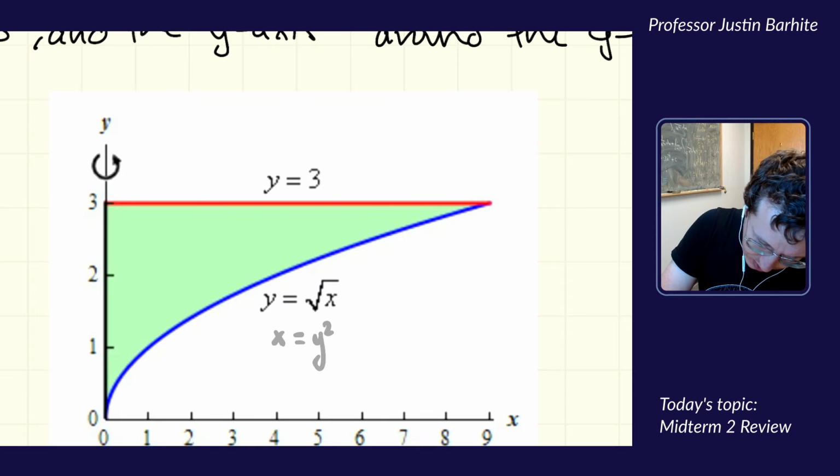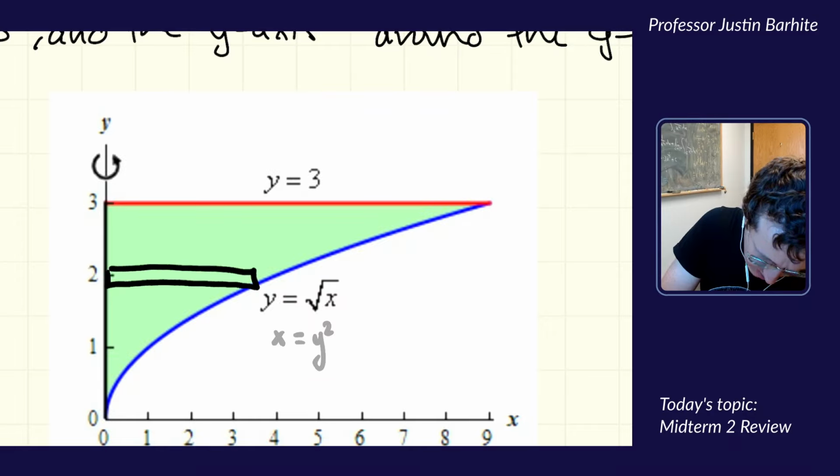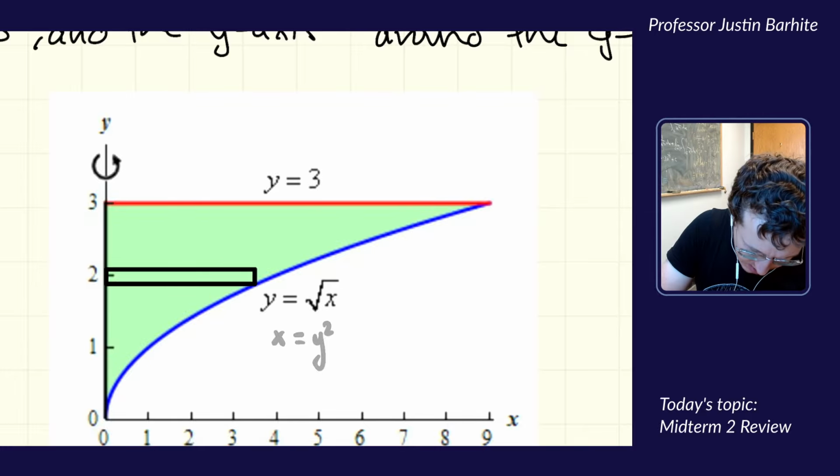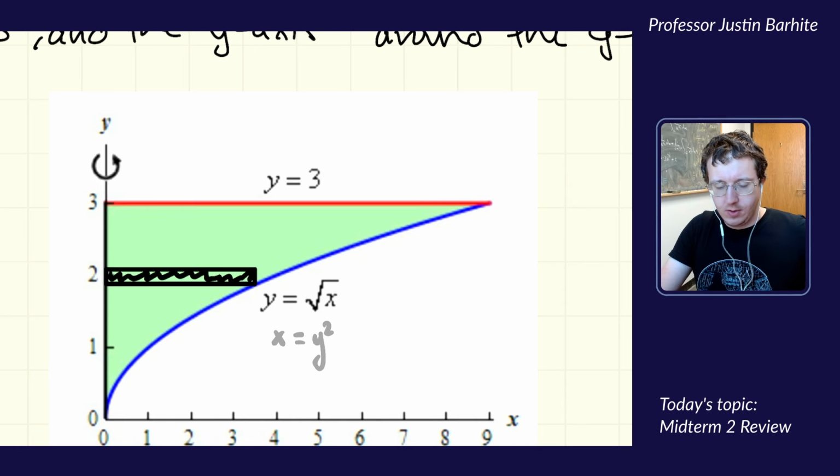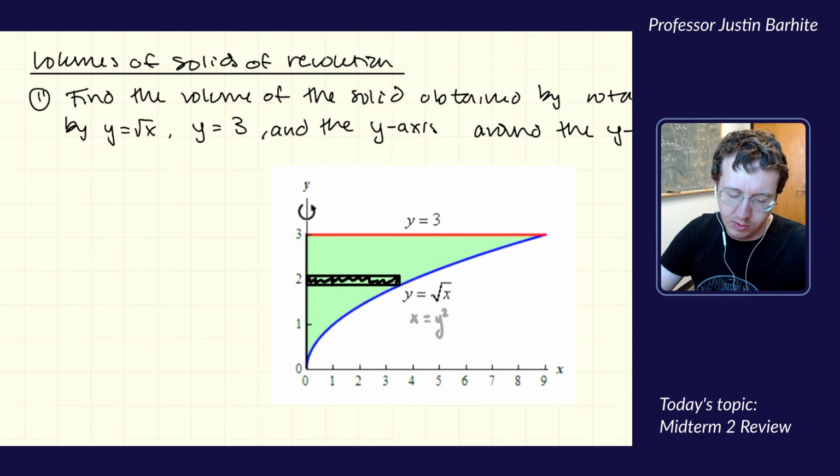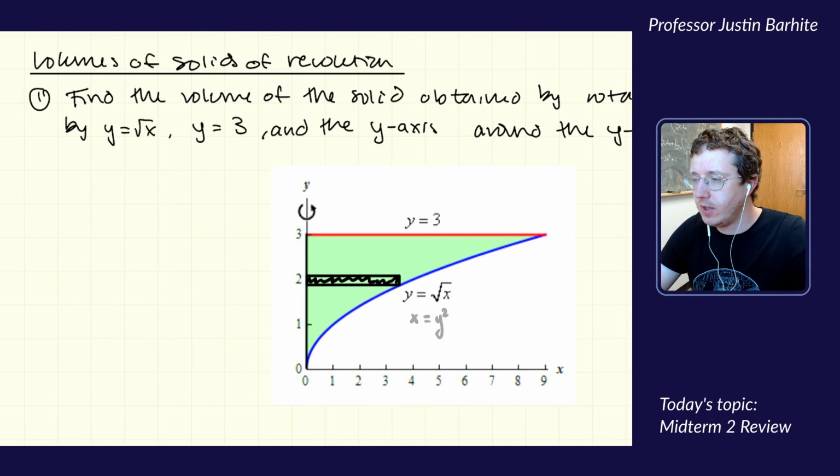So what I'm going to do is draw in a little rectangle here. And I'm not just trying to find the area of this region, I'm trying to find the volume of the solid of revolution.